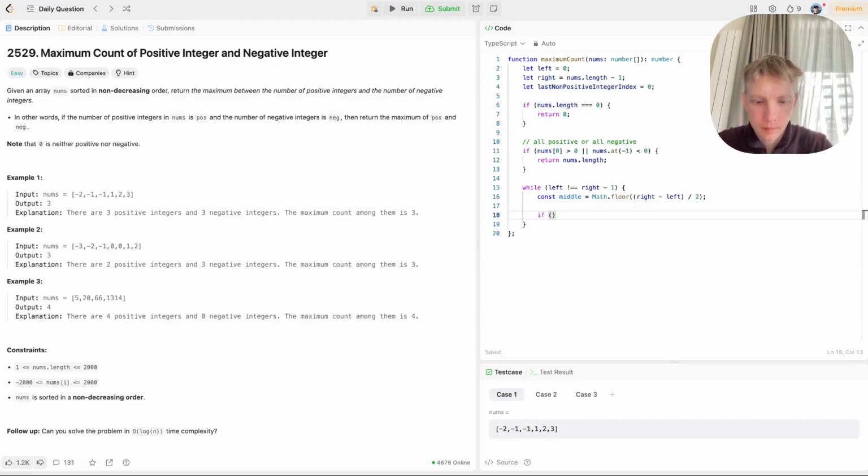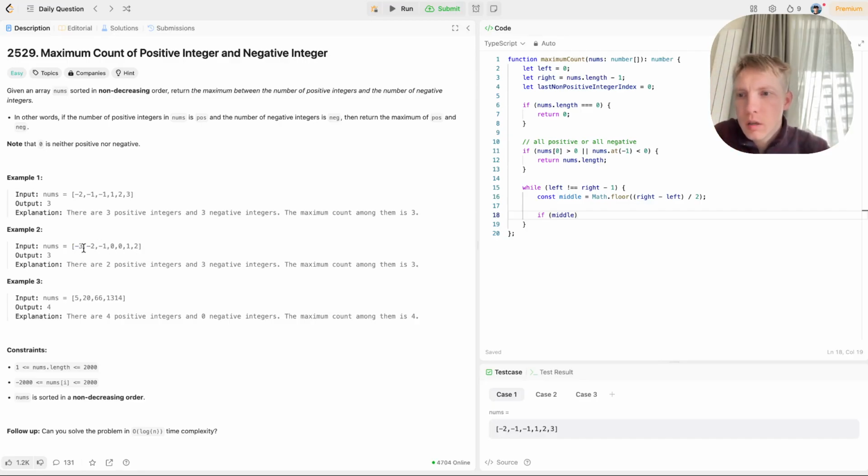For example, the indices are 0, 1, 2, 3, 4, 5, 6.